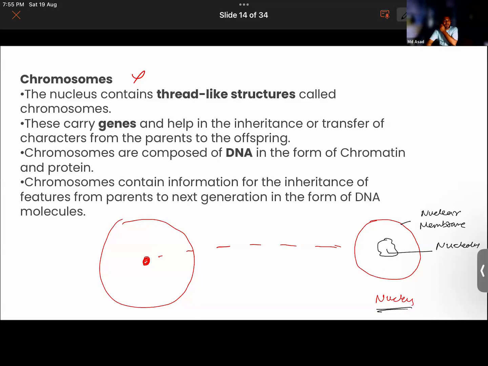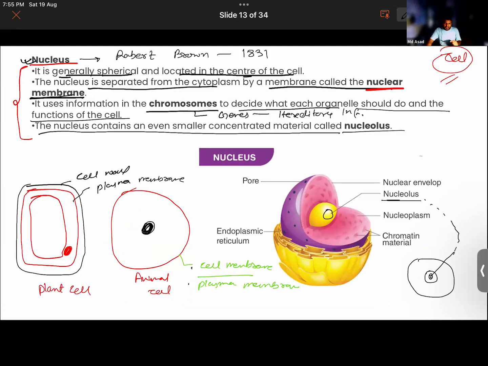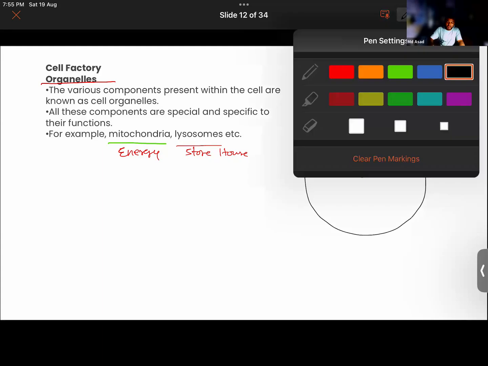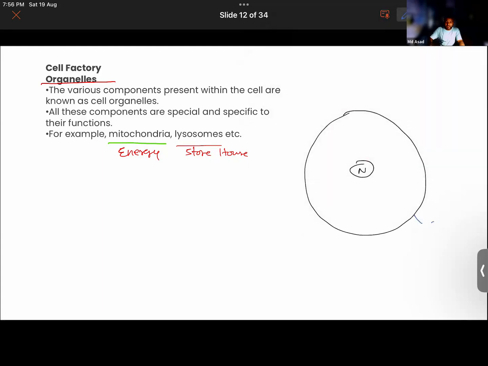Now there was one more thing, guys. Like nucleoplasm. Is it mentioned here? Yes, nucleoplasm is also there. As we have discussed earlier, this is a cell, this is its nucleus. In between the nucleus and the cell membrane, there's a fluid that we call cytoplasm.